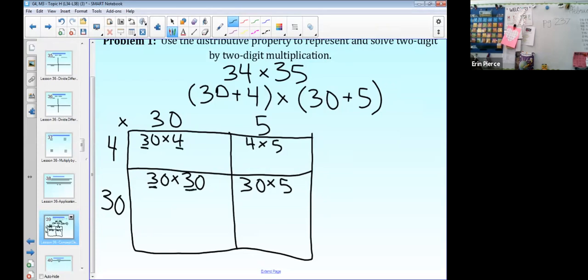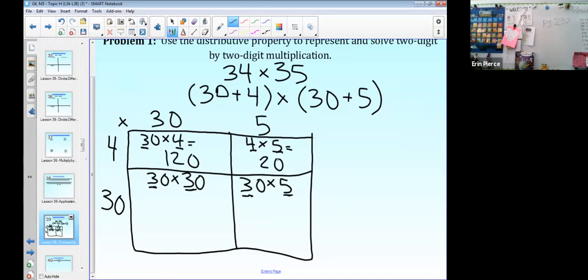It's not so scary when we can identify some smaller multiplication. Lucas, what's 30 times 4? 120. What about 4 times 5? Say it. 20.